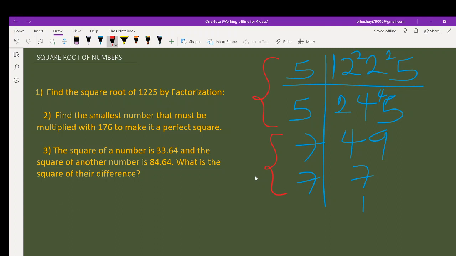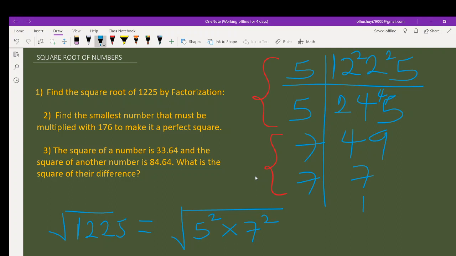So you can now say that the square root of 1225 can be written as the square root of 5 raised to power 2 times 7 raised to power 2.